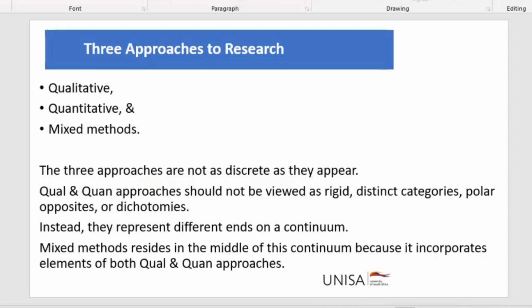If we say three approaches, it's one thing to say, well, I know them. It's qualitative, it's quantitative, and it's mixed methods. But let me hear you as a student as to what you really want to hear a little bit more about research. This is your program. We will go into all the technical discussion, all of us, but it is important just for me to also catch up.